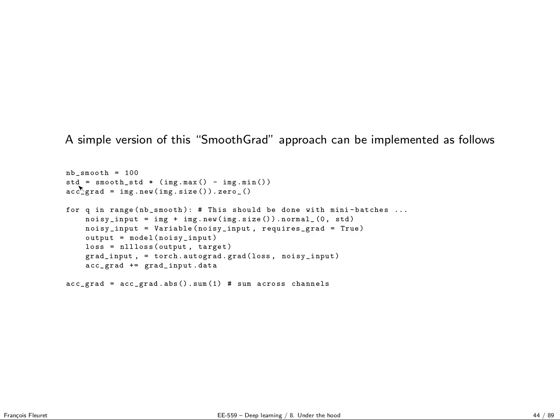Then I create a noisy input, a variable built from this tensor where I require the gradient. I compute my output, compute the value of the proper unit, and then compute the gradient of this unit with respect to the input, and I accumulate this. In the end I sum across channels the absolute value of this, and then I normalize between 0 and 1 to make the grayscale image.